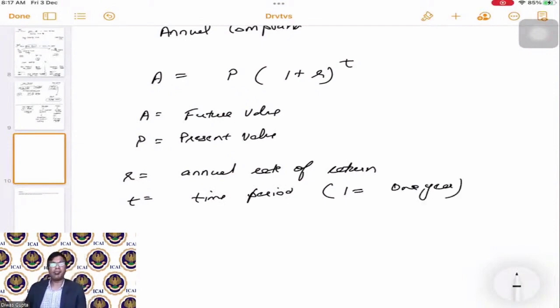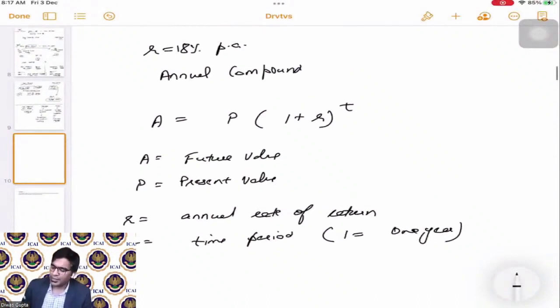Correct? Right, students? So this is the formula for annual compounding. The future value of a compound is the present value multiplied by (1 + R)^T, where R is the annual rate of return. Correct?